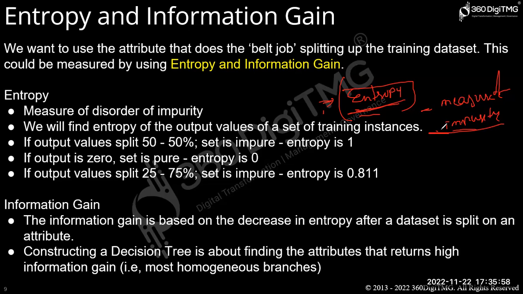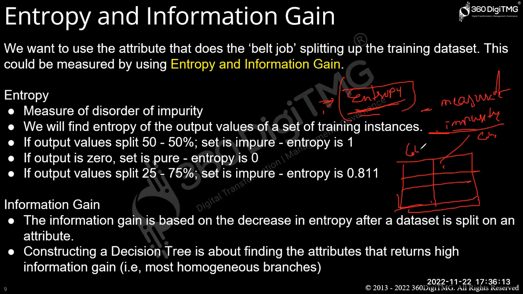So what exactly is the impurity that we are talking about? Let's say we have split based on some condition. Here we'll be having 4 entries: cold, fever, and the status cases: positive, negative, positive, negative.